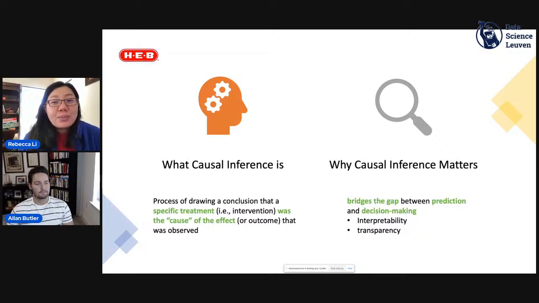Currently, we can predict customer future value from modeling, right? But that doesn't help business understand what is really causing that. If business wants to drive more future customer value, they cannot make decisions based on the prediction, but could base them on the explanation of what caused the incremental customer value. Therefore, causal inference creates interpretability and transparency for stakeholders. That's the reason we want to work on causal inference.